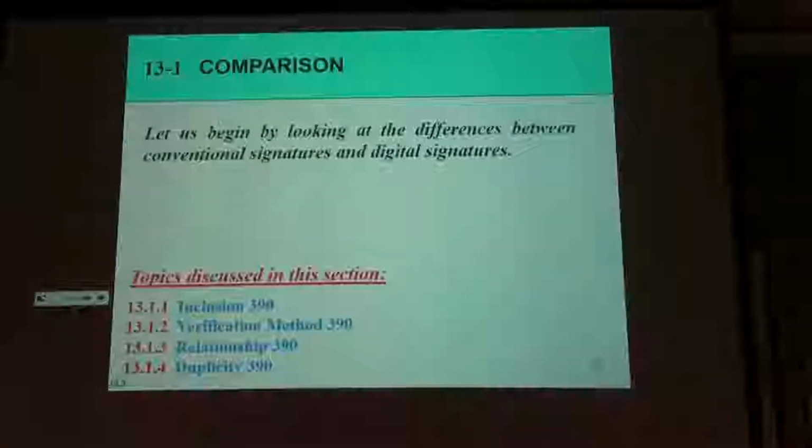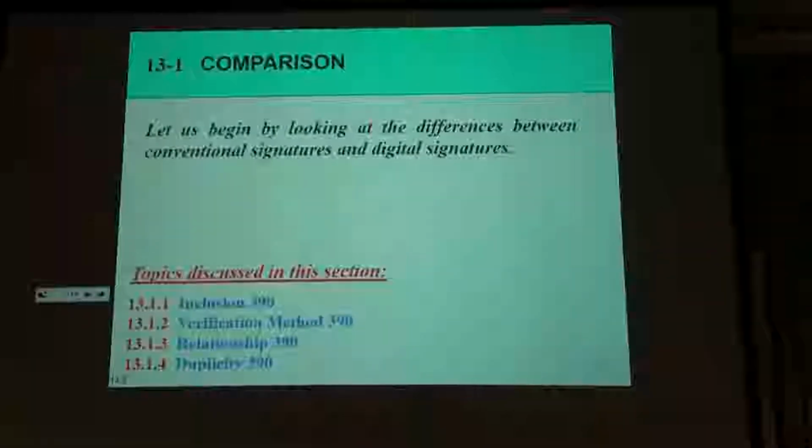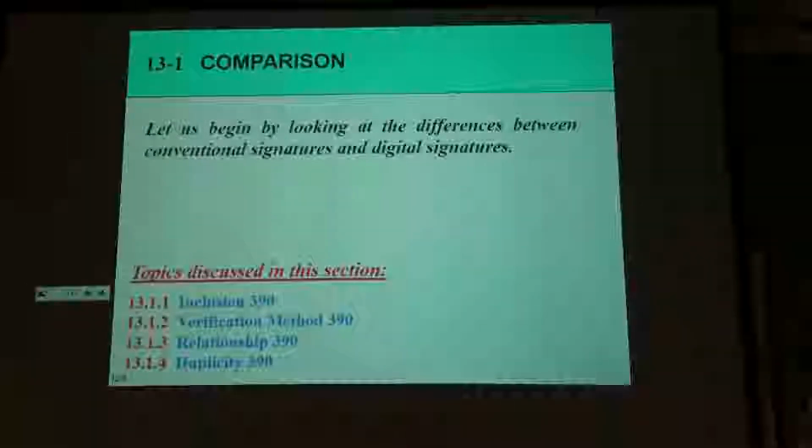All right? So we'll introduce the difference between conventional signature and digital signature. In the conventional signature, it's included in the document. When you have a document, you sign it physically, and it's part of the document.